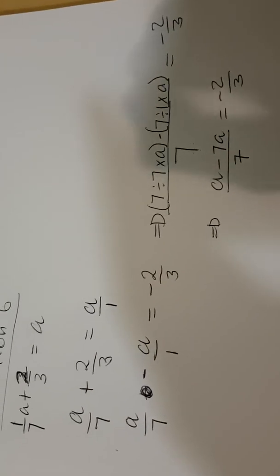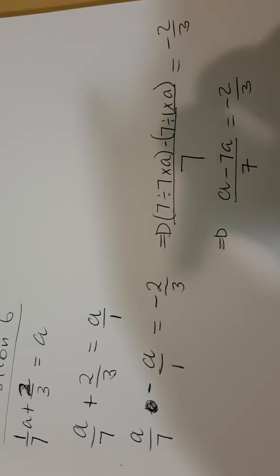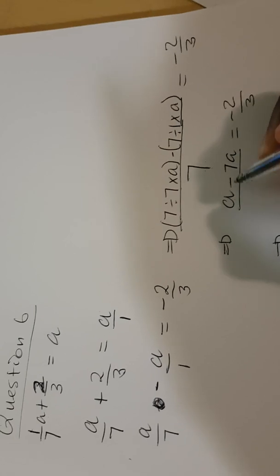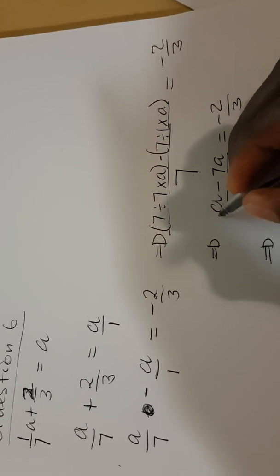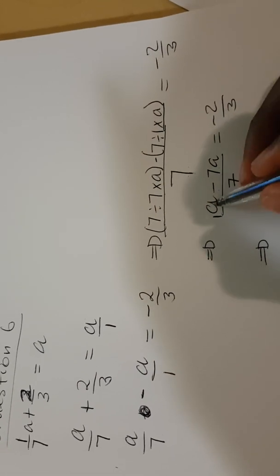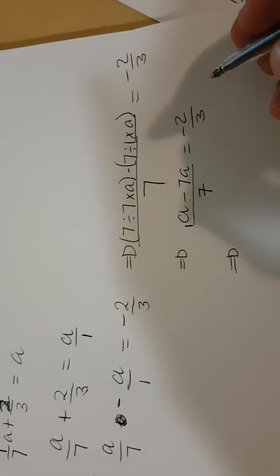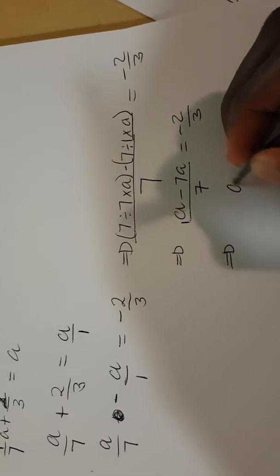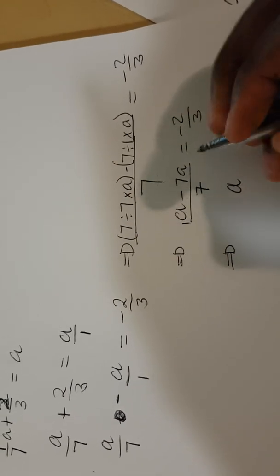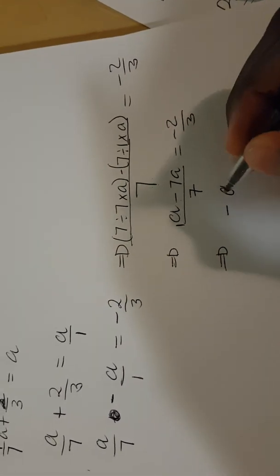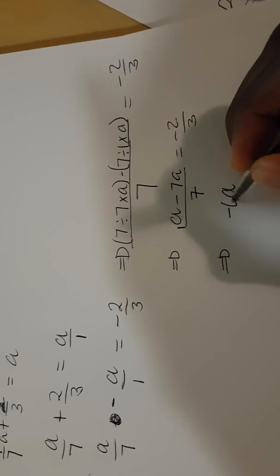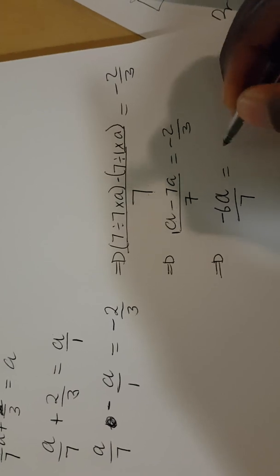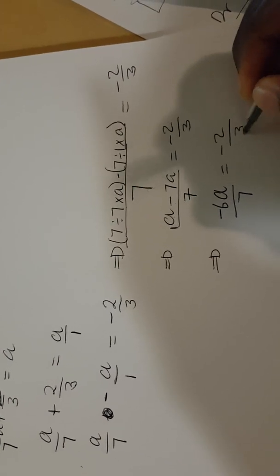Okay, and then let's simplify. A minus 7a, so it means we have an invisible 1 here. So if you're subtracting like terms, you only focus on the number, a will remain the same. So you will say 1 minus 7, you're gonna get negative 6. Negative 6a over 7 is equals to negative 2 over 3.